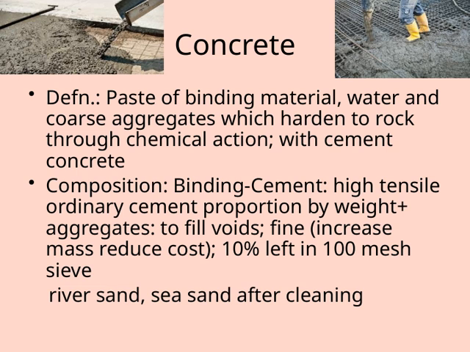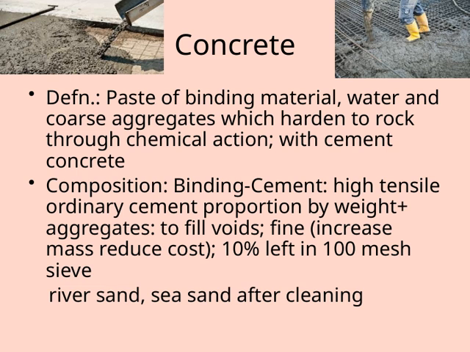The aggregates are used mainly to fill the voids in the mixture, giving the concrete its bulk and strength. We include fine aggregates, like sand, to increase the mass and reduce costs. For example, about 10% of the fine material should pass through a 100 mesh sieve, which helps in creating a smooth, workable mix.